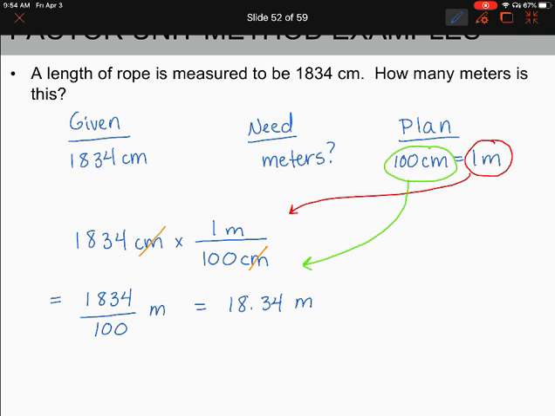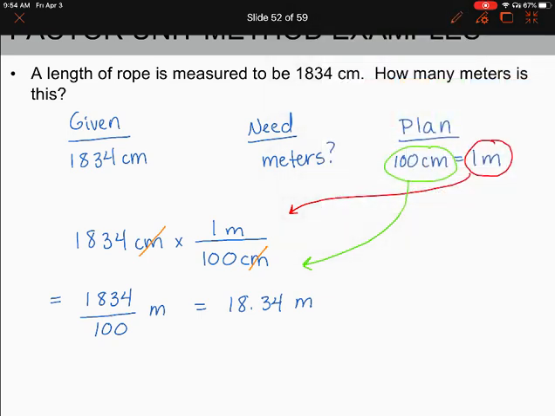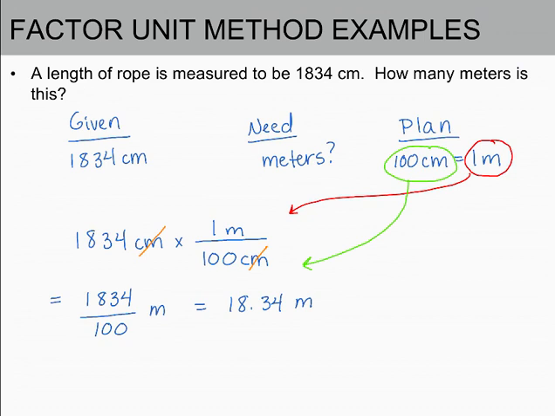Now, these are measured values, so let's make sure that we have the correct number of sig figs here. In the original equation, our measured value has 4 significant figures.